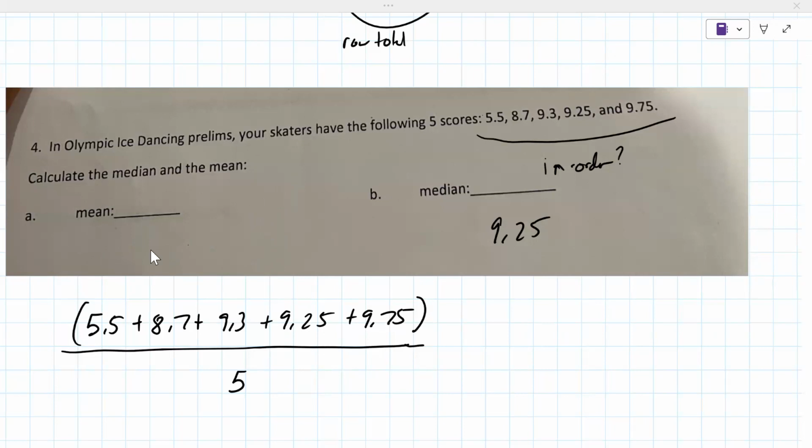Well, the mean cannot be bigger than the numbers. So why don't you try that again? Why don't you add them all up and tell me what that is when you add them all up? 8.5. Okay.